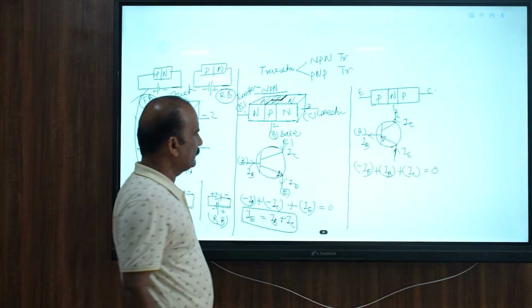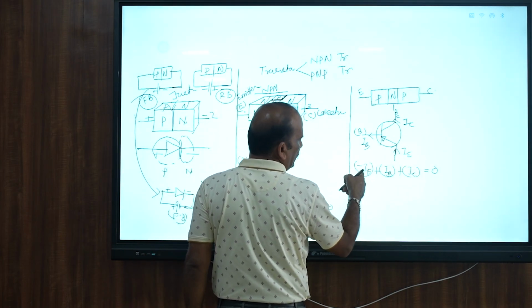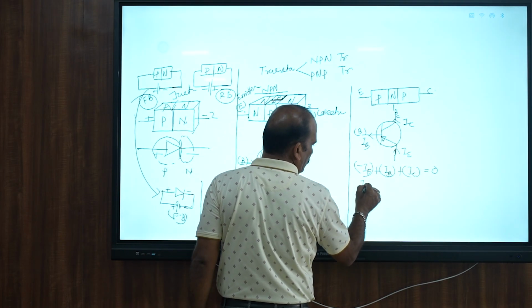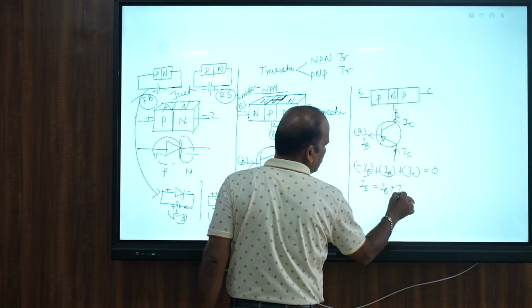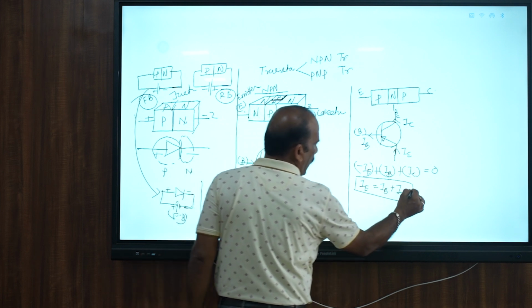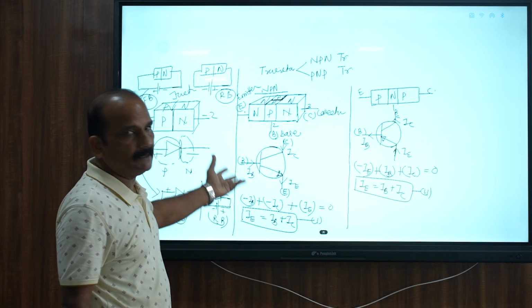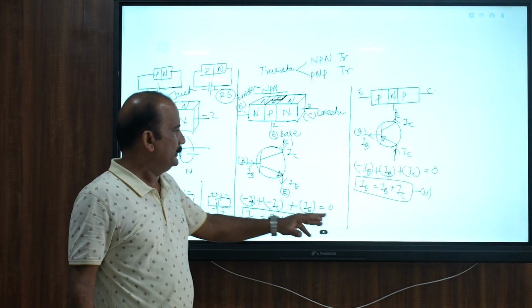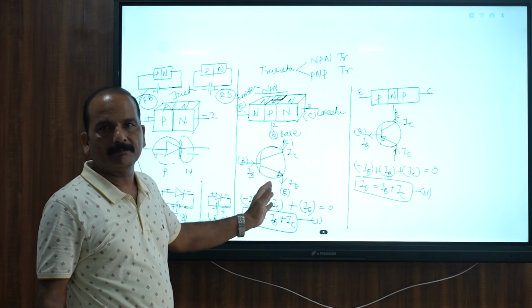Segregating all this, if I take IE to that side, the final equation is IE is equal to IB plus IC. That means from equation number 1 and equation number 2, we found that whether NPN or PNP, the current equation stands the same for both categories.